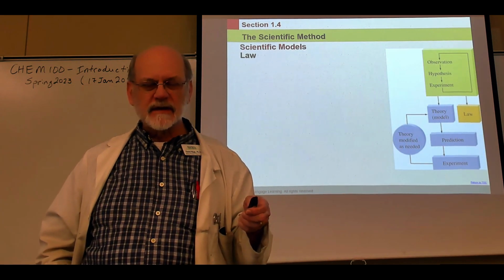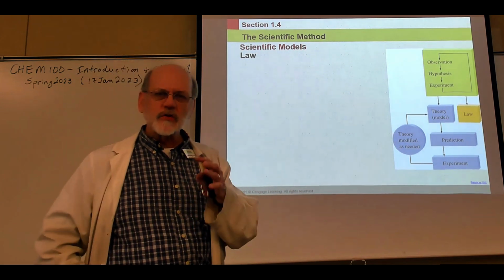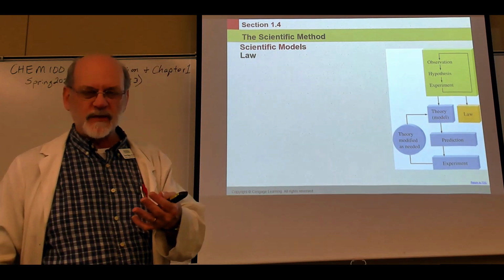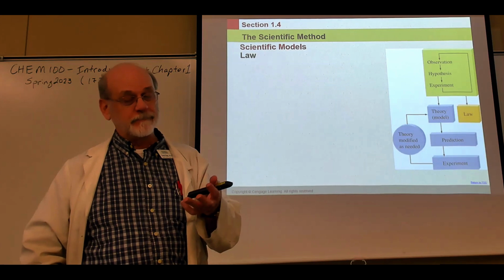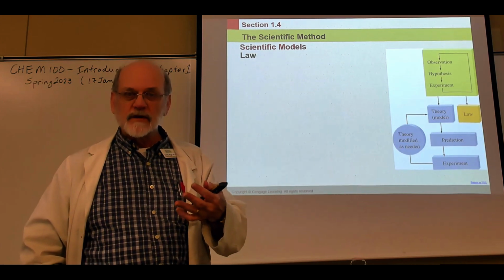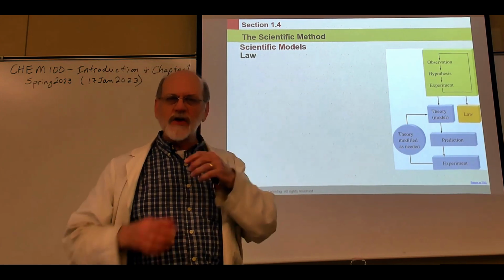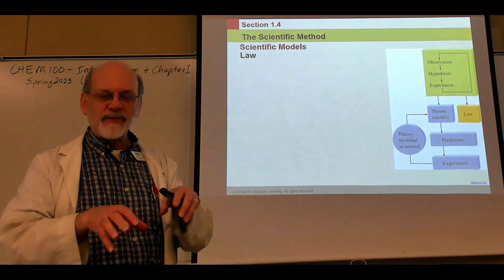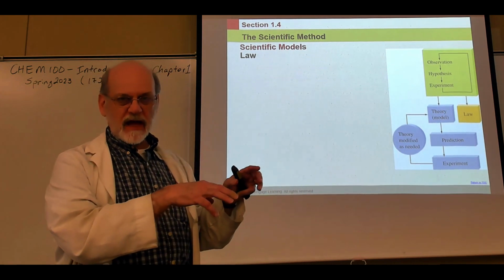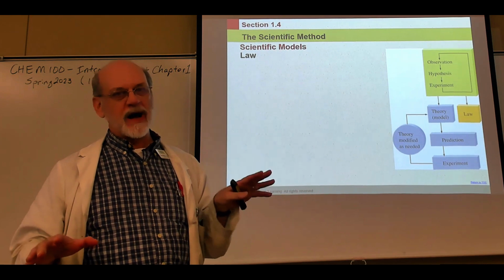Let's see. Yeah. The first thing that usually comes from the results of experiments, several experiments typically, is a law. So what is a law? A law simply says what happens under these conditions. It makes no attempt to explain why.